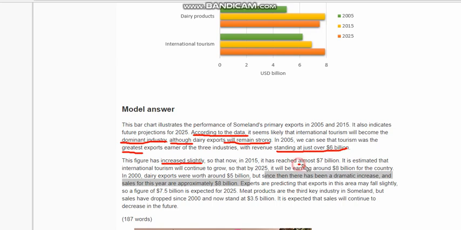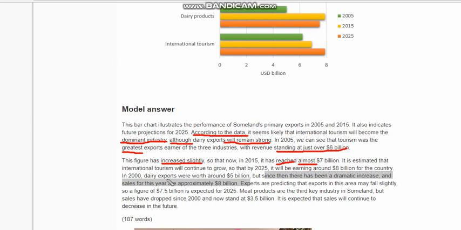Almost. That word reached is very important. So it is estimated that international tourism will continue to grow, so that by 2025 it will be earning around 8 billion for the country.